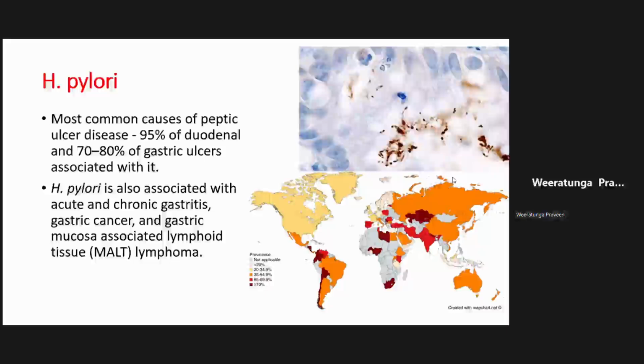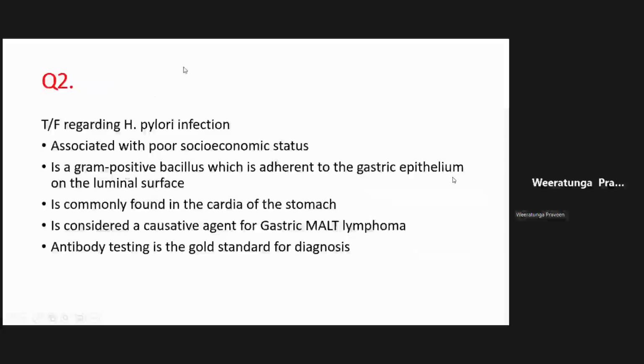So there is an association with gastric cancer and gastric MALT lymphoma. Remember these things. In this MCQ, we talked about what is associated with poor socioeconomic status and considered a causative agent for gastric MALT lymphoma.